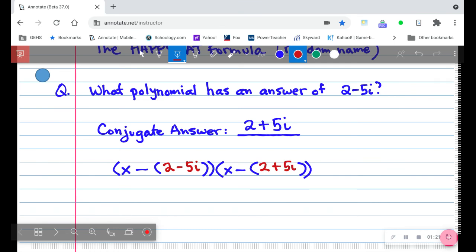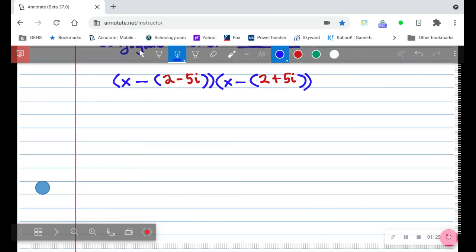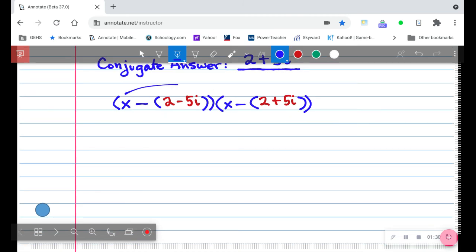So 2 plus 5i. All right, so now we just got to simplify this thing, and we'll find out the polynomial that we need. So we'll start with first times first here. That's going to give x squared. The outside here is minus x times 2 plus 5i. And the inside pair is similar.